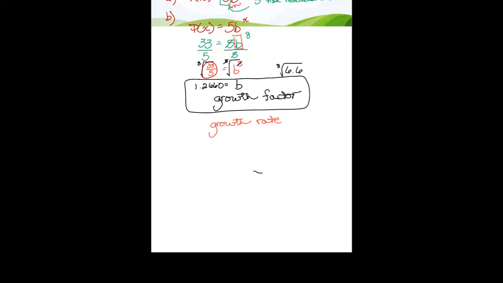So when you say A equals capital P, that's your initial amount, times 1 plus or minus R to the T power, okay, this right here is your growth factor.